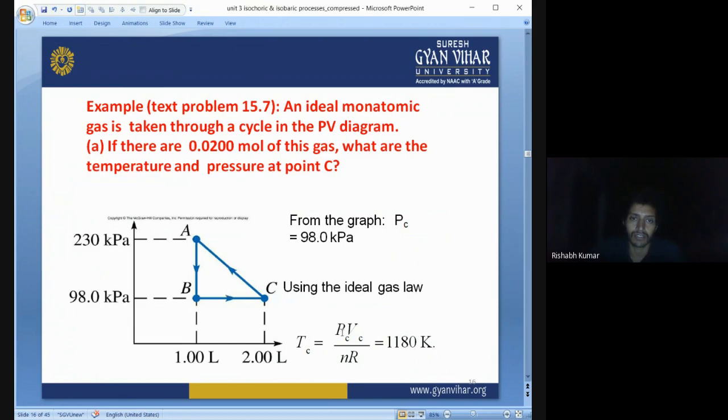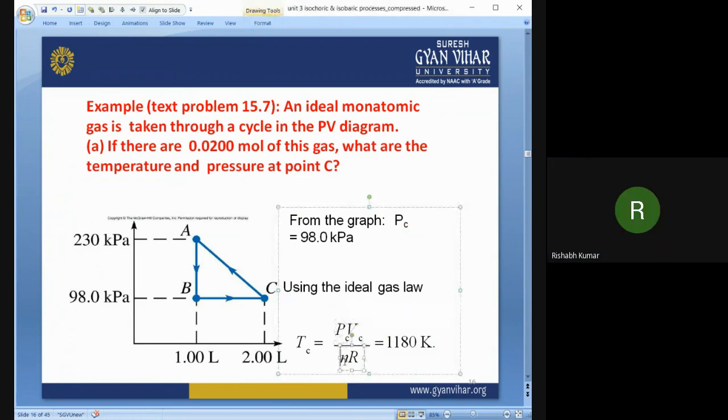So P is known, n is known. We have to find out now the volume and temperature. We know from the graph that volume is 2 liter. So we know volume, we know pressure, we know n, R.